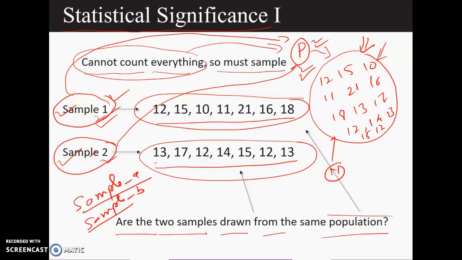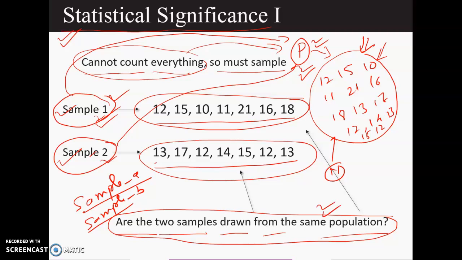In order to find the answer to this question, you can perform statistical significance. How, we will discuss later on. If you get this type of question, then by applying statistical significance you can reach some outcome.